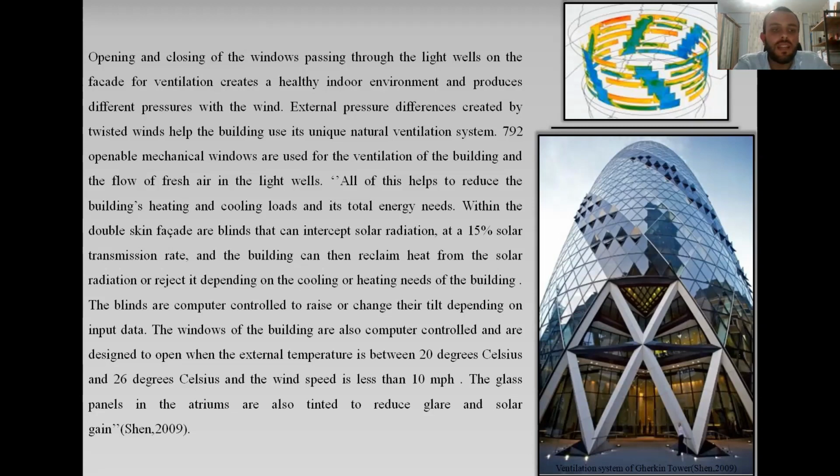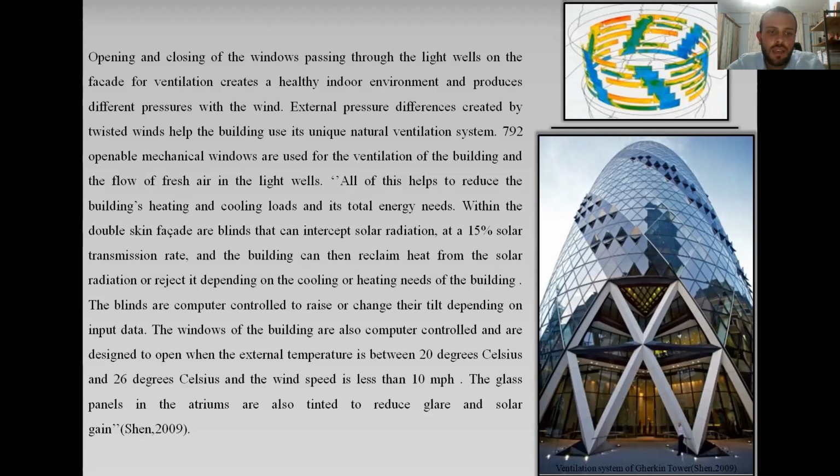792 openable mechanical windows are used for the ventilation of the building and the flow of fresh air in the light wells. All of this helps to reduce the building's heating and cooling loads and its total energy needs. The blinds are computer controlled to raise or change their tilt depending on input data.